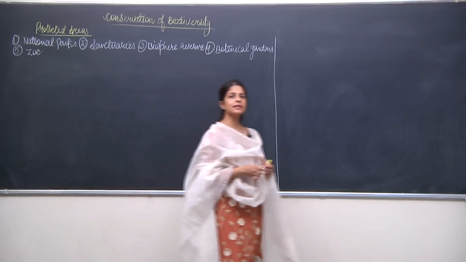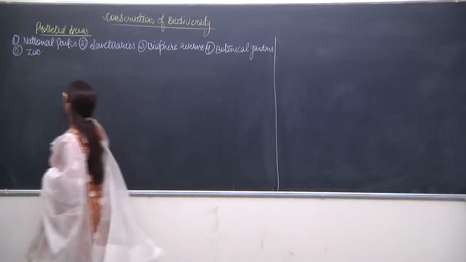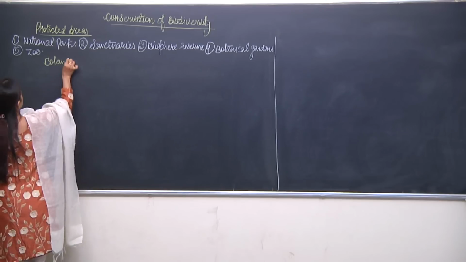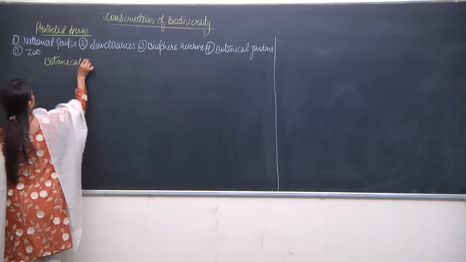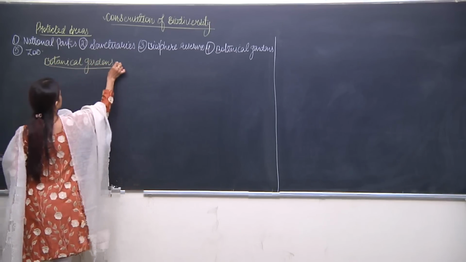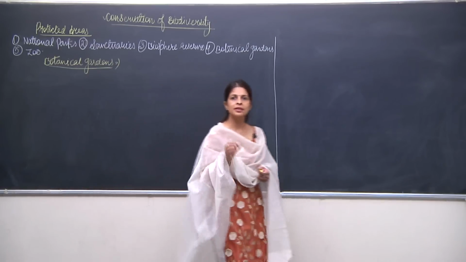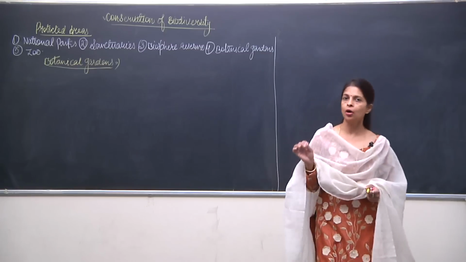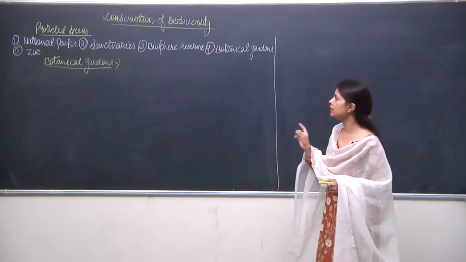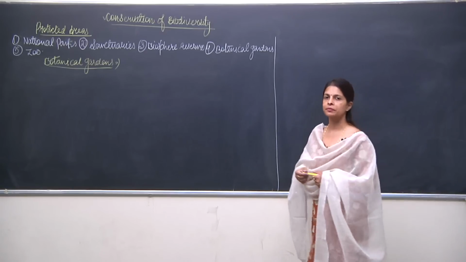Now at present we are discussing botanical gardens. So I'll just write over here botanical garden. As the name suggests, we all know botany means the study of plants. Botanical means something related to plants.